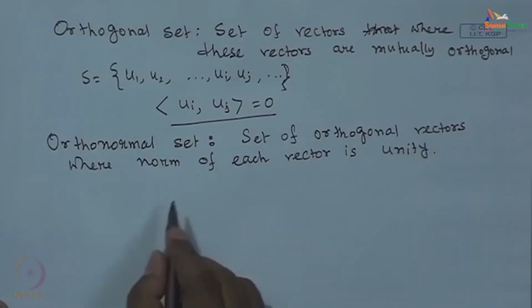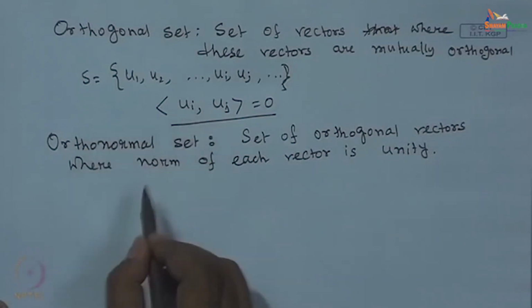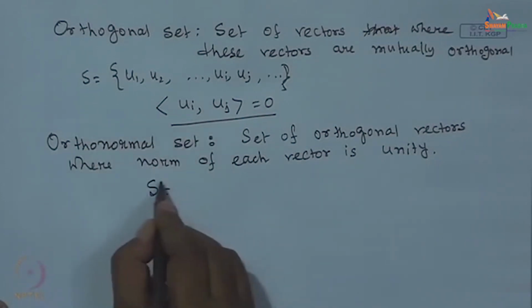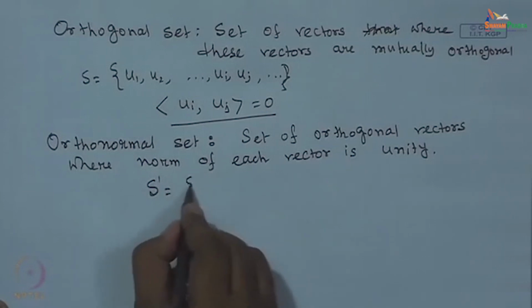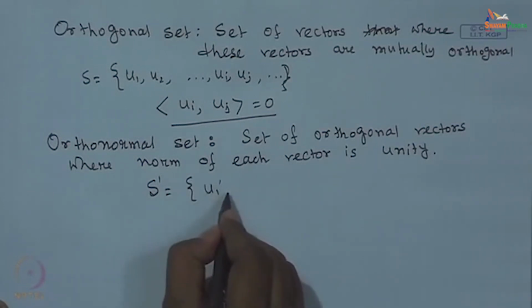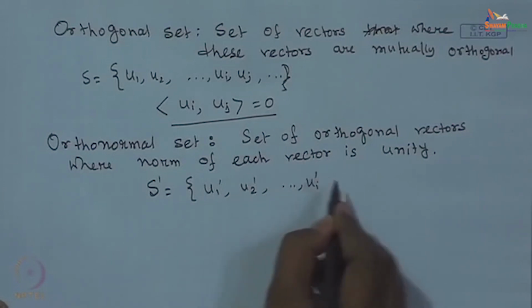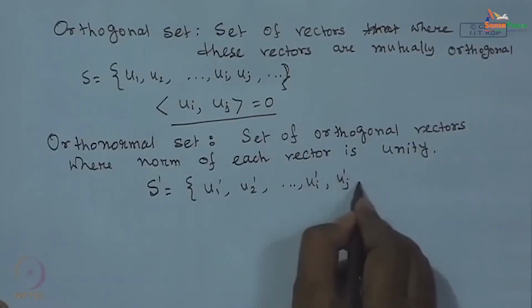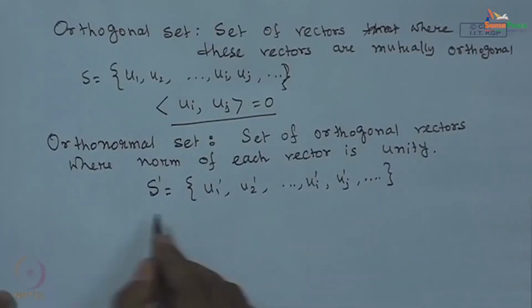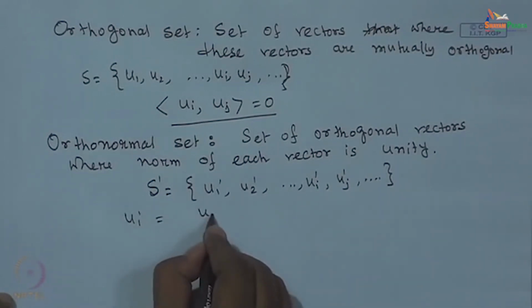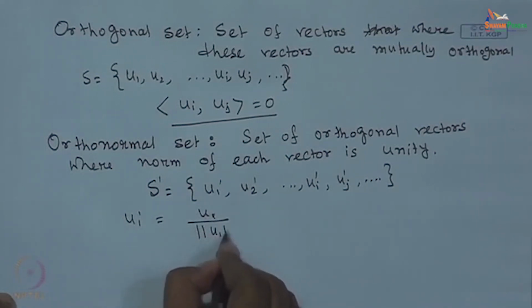That means we are talking about the earlier set, maybe a different set S prime, which is nothing but u1 prime, u2 prime, ui prime, uj prime, like that. So, u1 prime is nothing but u1 divided by norm of u1.